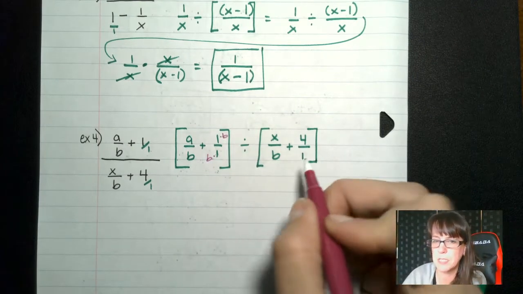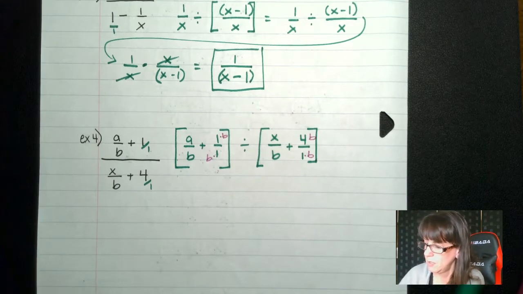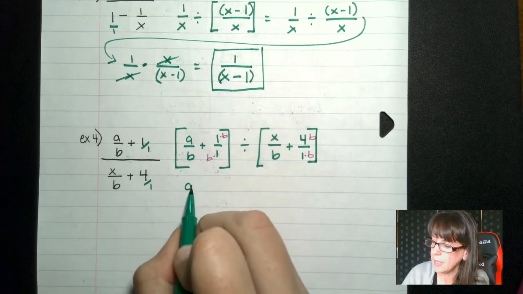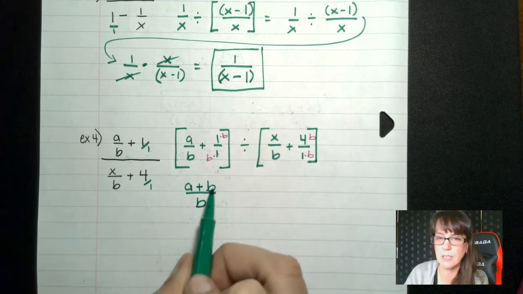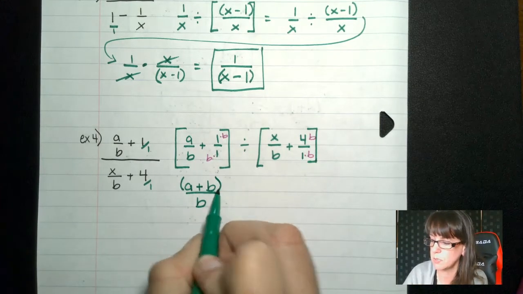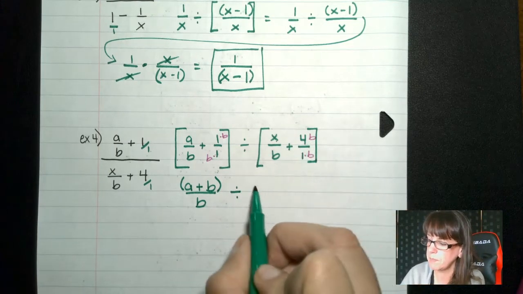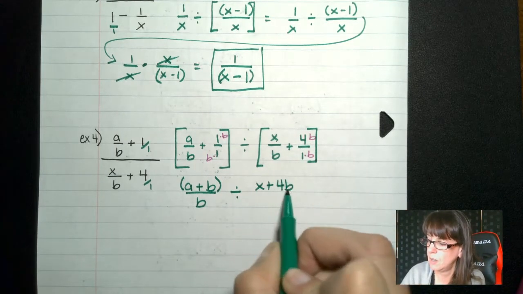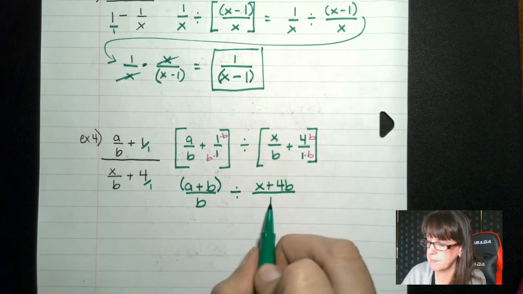Over here, my common denominator is also b. So times that by b, times that by b. I get a plus b over b, and don't cancel those out because you have to protect that addition and subtraction, divided by x plus 4b over 1, and now we have that common denominator, b.